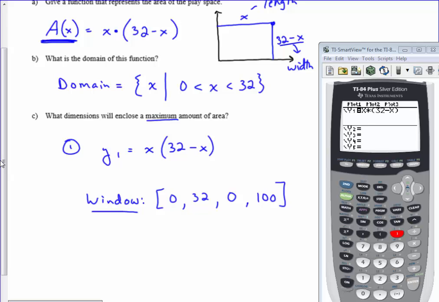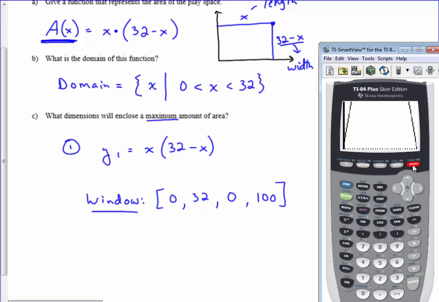If it's too small, we can always make it larger. So we can play with that maximum y value until we get something that's right. Let's set our window on our calculator: 0 to 32, and then 0 to our guess for the top number, 100. And then we can graph.